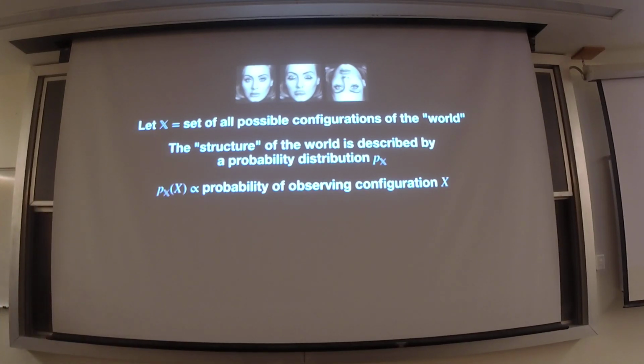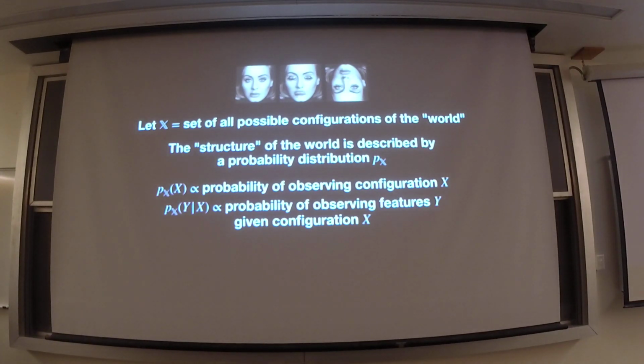It's telling us how likely it is. All the configurations of all the pixels are possible within this world of fixed size images in 3 color channels, but some of them are likely or probable, and some of them are not.